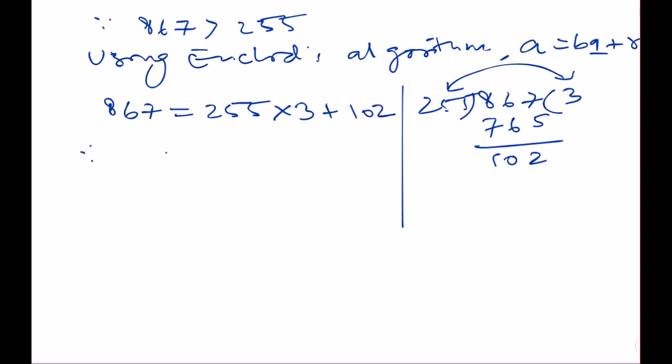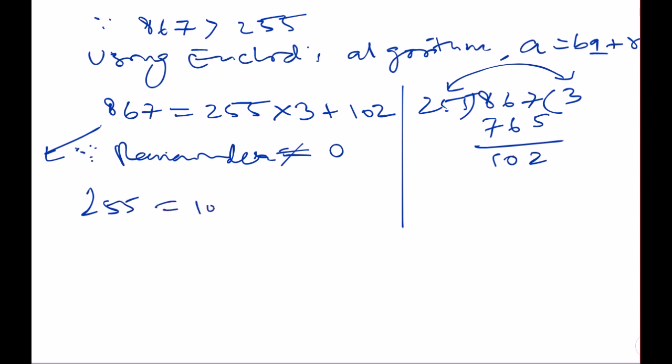You have to write here, since remainder is not equal to 0, therefore we have to go to next step. Next step is kicking this 867 out and calling this 255 in place of 867 and asking the remainder to divide.